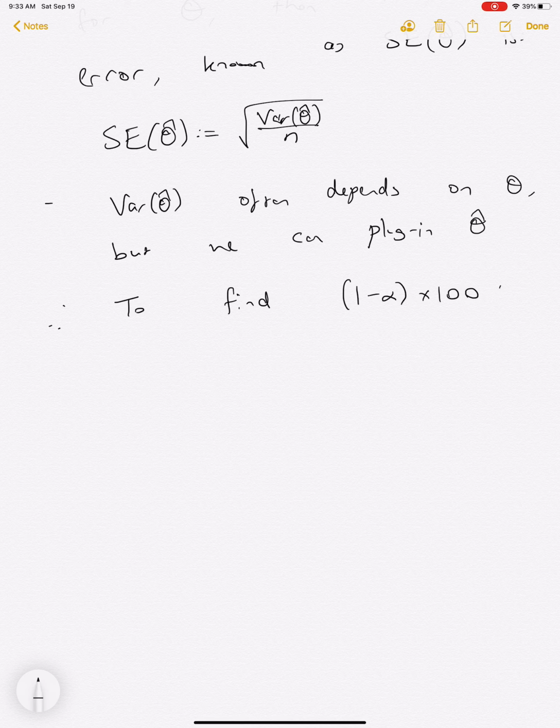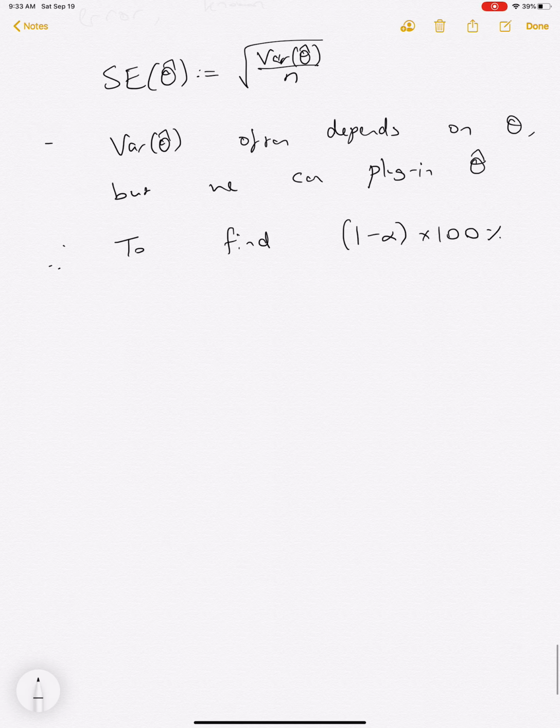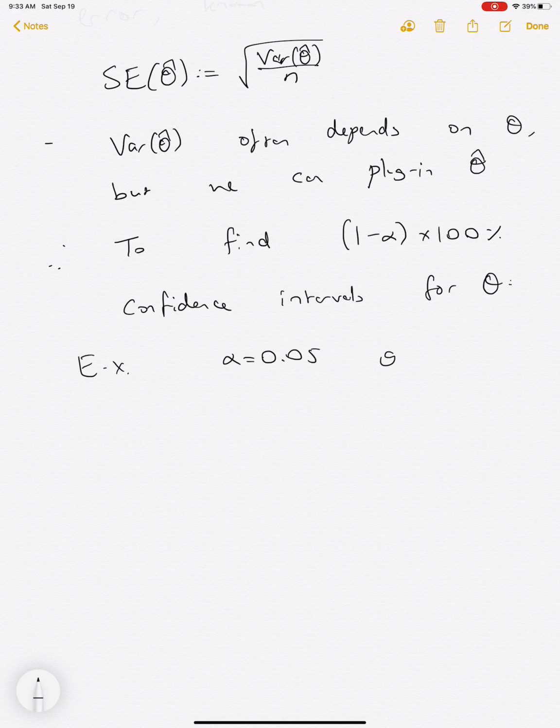And this gives us a general procedure to find confidence intervals. So if we wanted to find 1 minus alpha times 100% confidence intervals for theta, typical examples might be alpha equals 0.05, which gives 95% confidence intervals.